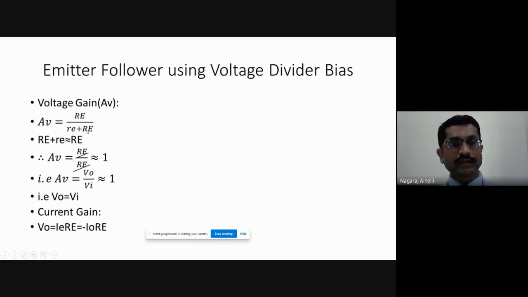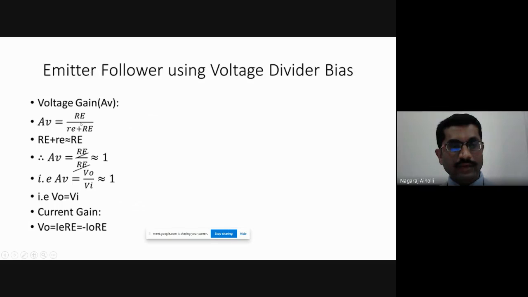Next is the voltage gain equation, AV. This is also the same as that for the emitter follower circuit, that is AV is given by capital RE divided by small re plus capital RE. Again, this can be simplified further. We know how to reduce it. Capital RE plus small re is approximately capital RE.